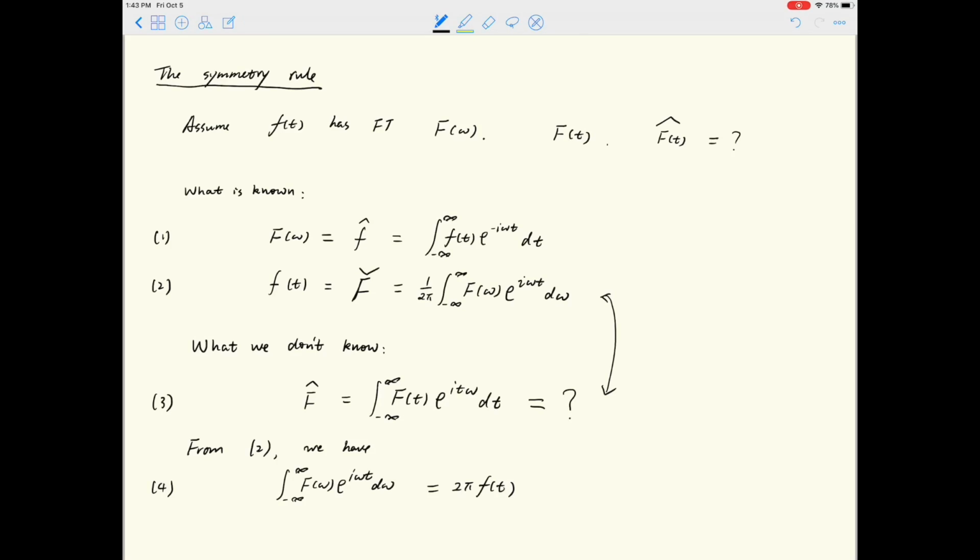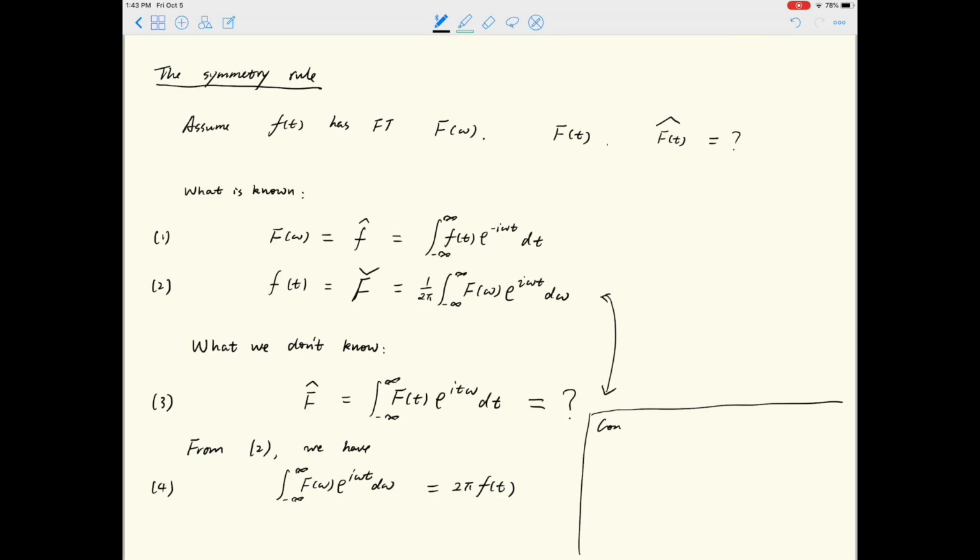Now, the integral in equation 4 is very similar to the integral in equation 3. The only change is that the roles of t and omega are swapped. So to find the answer, it seems we just need to swap the t and omega in the answer. Now I want to write on the same page so that you can see the equation, here in this little corner.